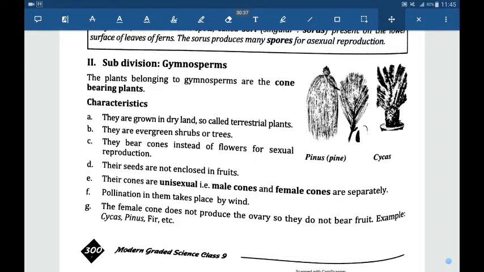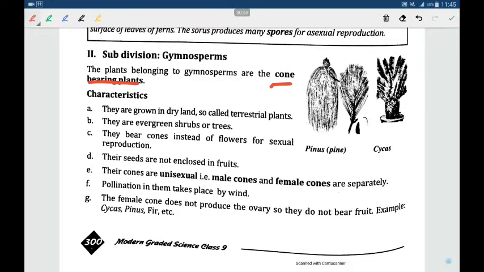Their seeds are uncovered, open. So gymnosperms are mainly called cone-bearing plants. They do not bear flowers, they bear one structure called a cone. For example, you have seen the pine plant. So what are the characteristics? They grow in dry places, means they are terrestrial. Instead of flowers, they have cones, male cones and female cones.